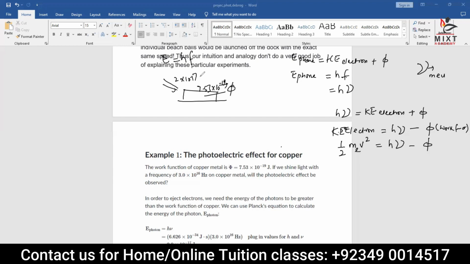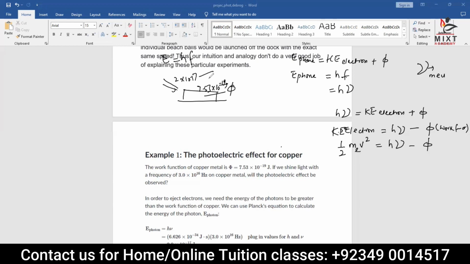Which one is greater? 2 into 10 to the power minus 17 or 7.53 into 10 to the power minus 19? Of course, 2 times 10 to the power negative 17. So it means the energy provided is more than phi, the work function. Now you tell me, will the photoelectric effect happen or not?